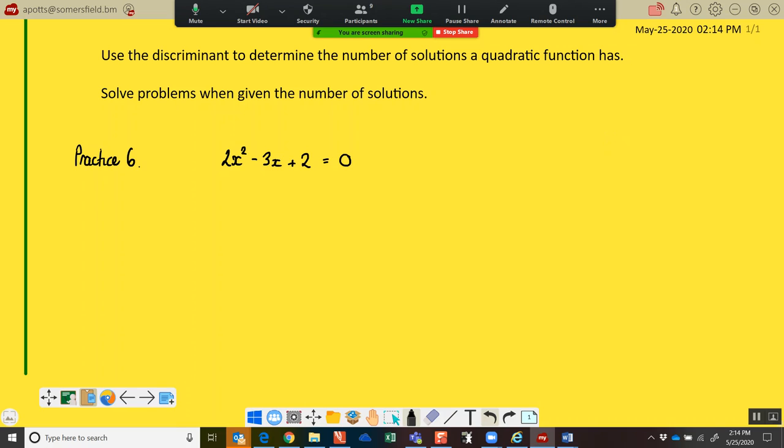All right, so what we've got here is we're going to use the discriminant to determine the number of solutions a quadratic function has, and then we're going to look at whether we can solve the problems that they're talking about. Okay, so I'm looking at practice 6, the next one on.